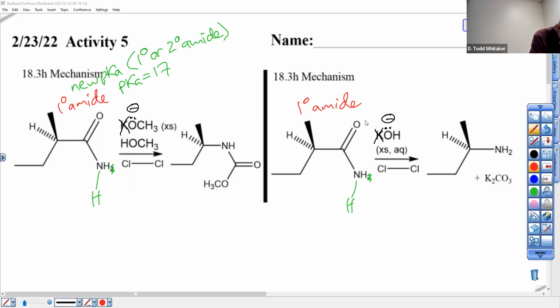So we're going to take that H, generate a lone pair on the nitrogen. Hey, there's already a lone pair on the nitrogen. This is when we're allowed to combine steps. We better tell the teacher we're combining steps.